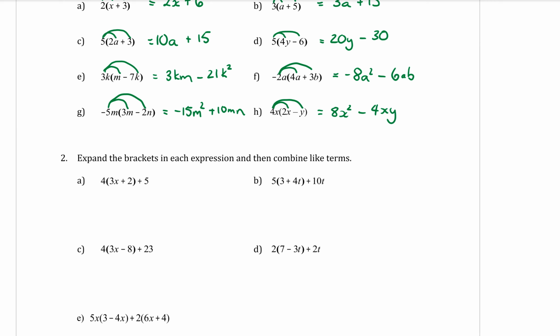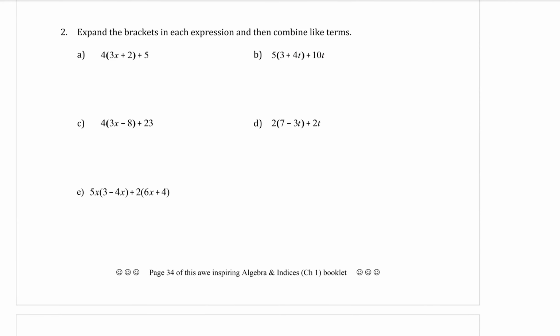Now we're going to build on that a little bit more. Question 2 is a little bit harder because we're going to expand out the brackets and then it says to combine the like terms. There are going to be some things that we can collect afterwards. Okay, so for 2a, just like we were doing, expand the bracket. 4 times 3x. 4 times 3 is 12x.